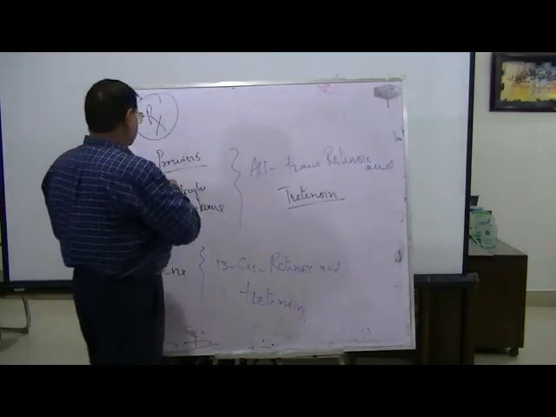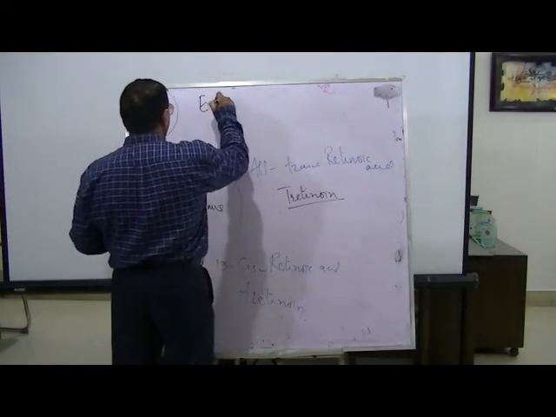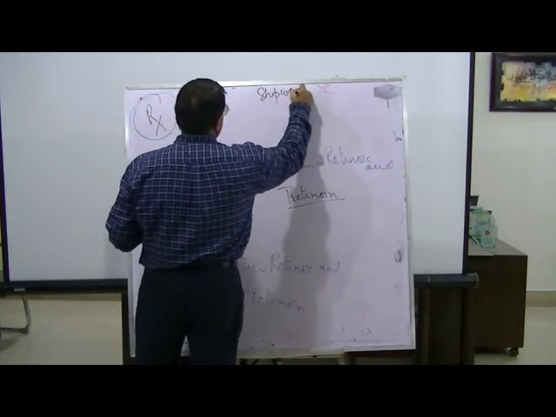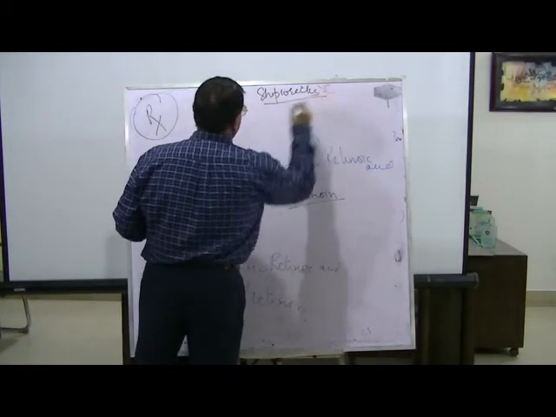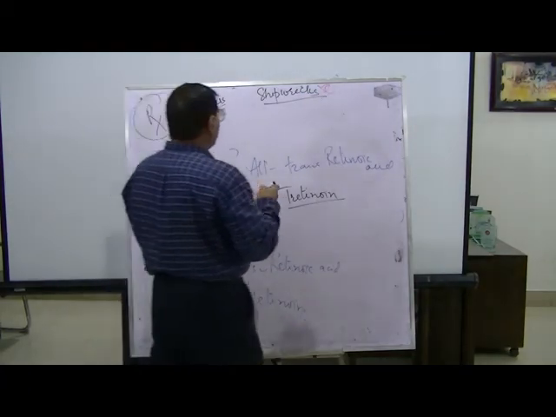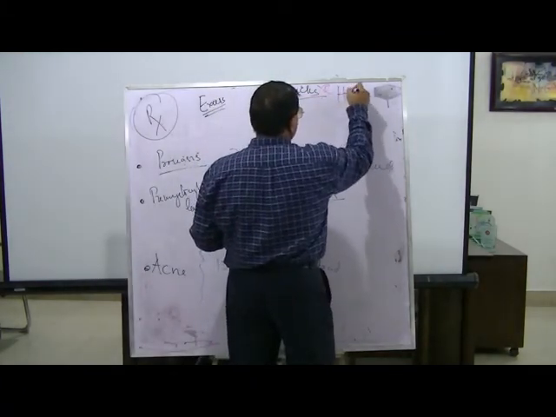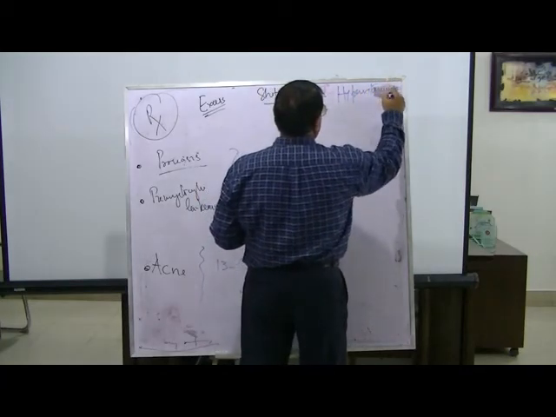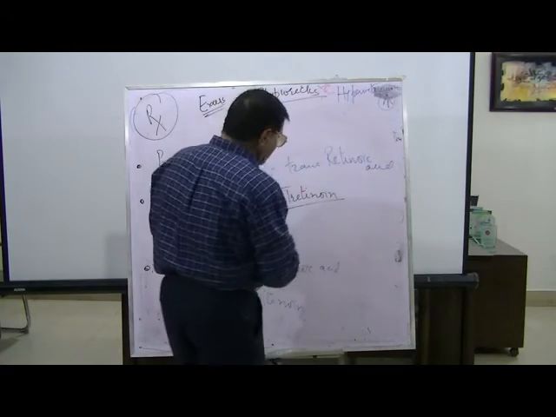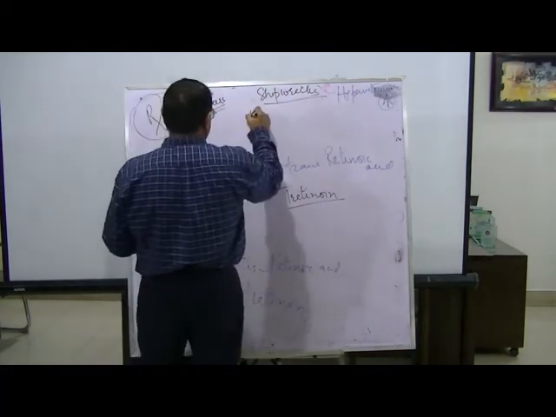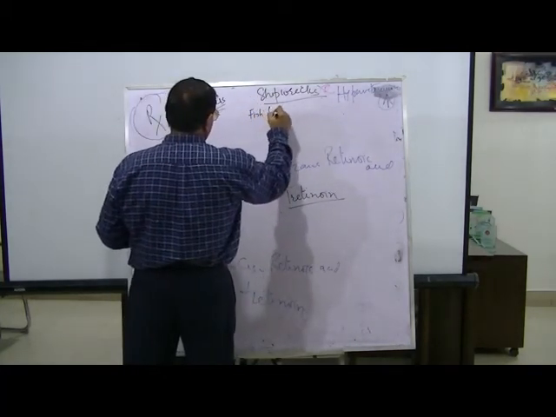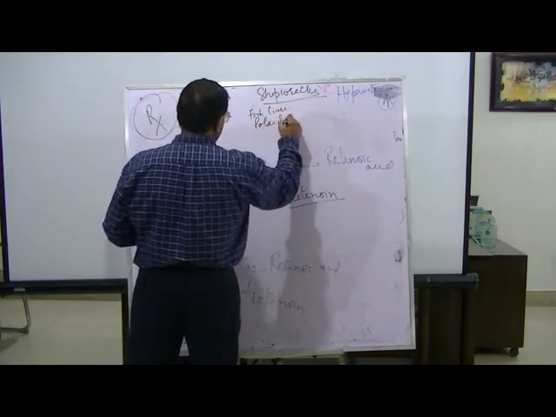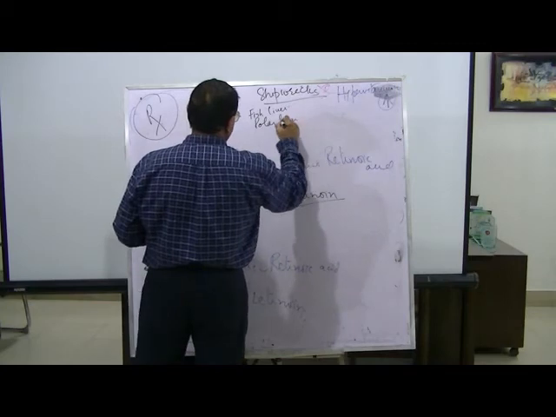Now, if it is given in excess, for example, as seen in shipwrecks, the condition is called hypervitaminosis A. Why? Because in shipwrecks they eat fish liver oils, fish liver and polar bear liver.